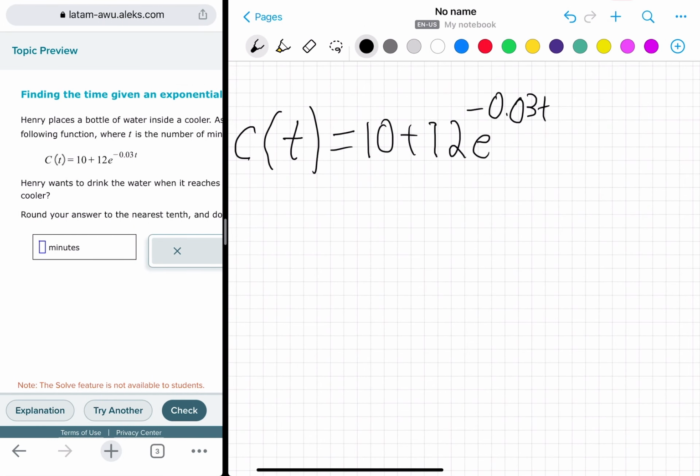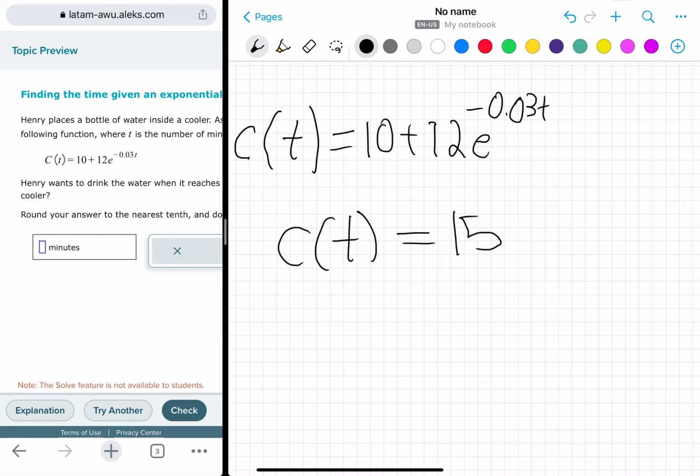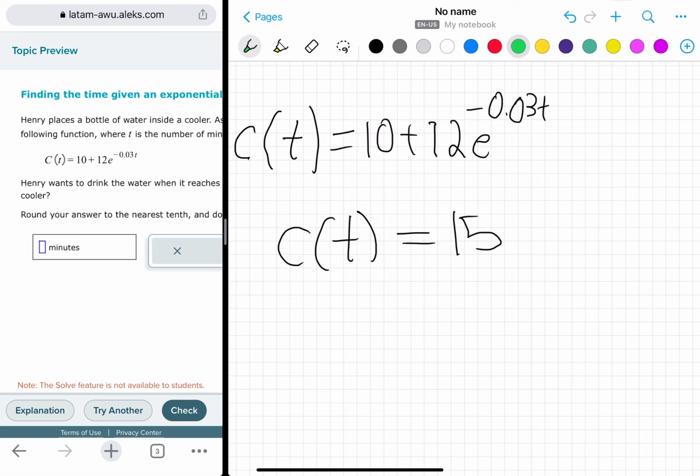We know that the temperature that Henry likes is 15. So we know that this function, C of t, has to be 15. If you look closer, we have here two equations, this one and this one, and we have one common term. This common term is C of t.